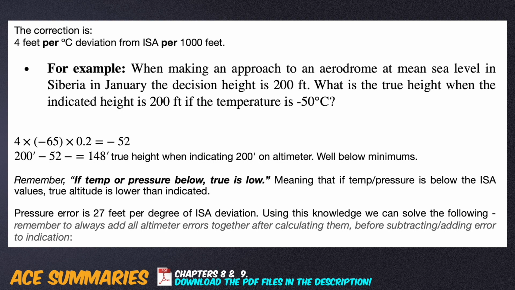So 200 feet minus 52 is 148 feet of true height when 200 feet is being indicated. This means that you'll be 52 feet below minimums when your altimeter indicates minimums, because your altimeter is calibrated to ISA. Remember, if temperature or pressure below, true altitude is low. This means that if the temperature or pressure is below the ISA values, then your true altitude will be lower than your indicated altitude.